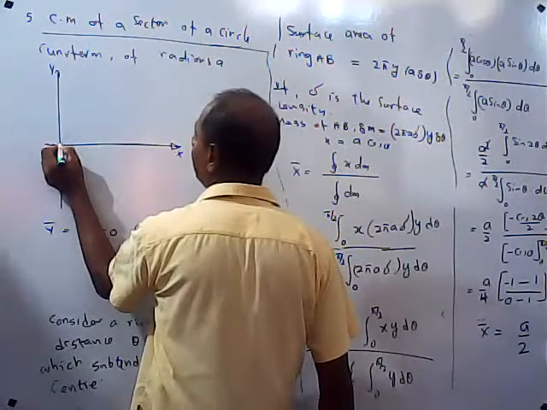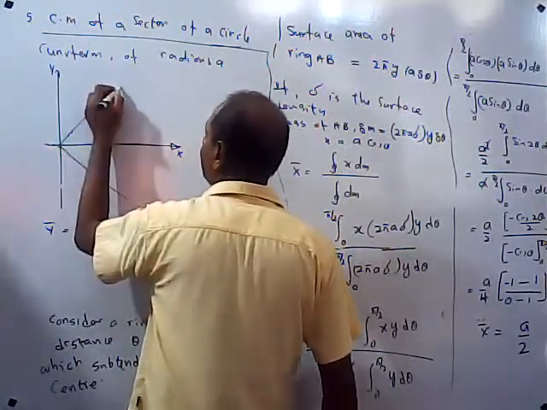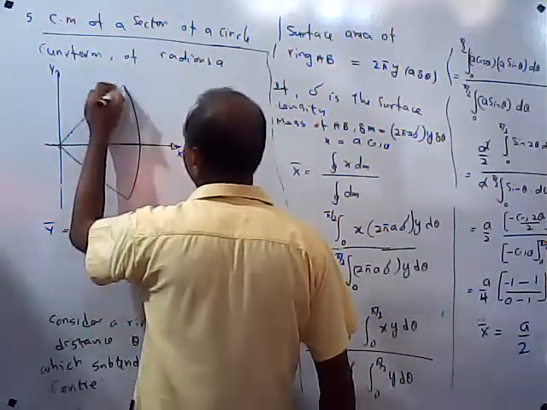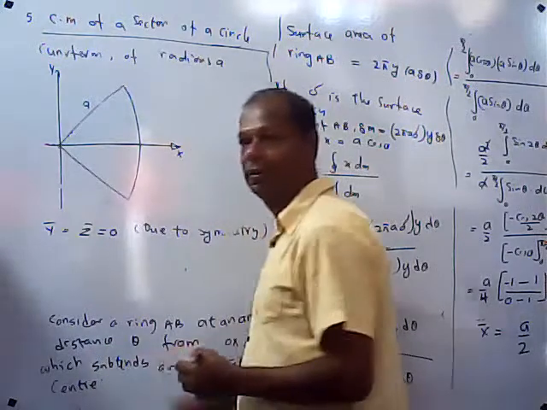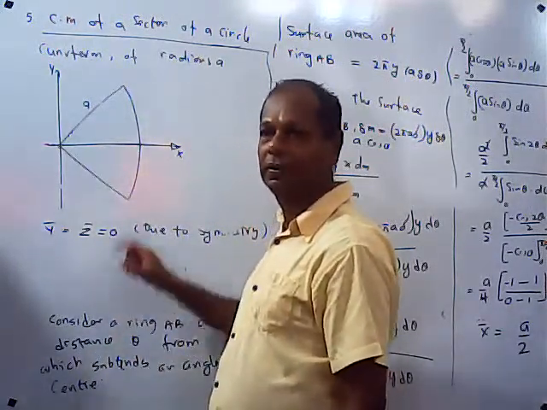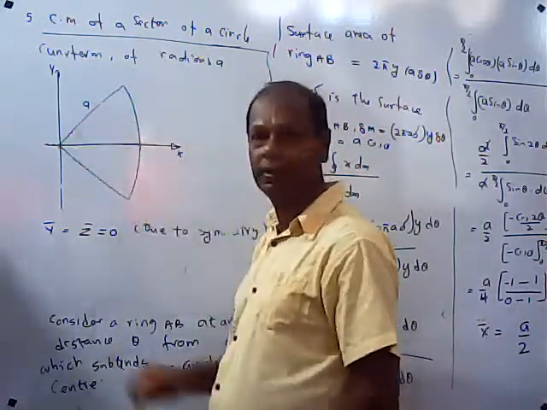It's a lamina, like that, of radius a. But the size of the lamina depends upon what? The radius, and the angle subtended at the center.